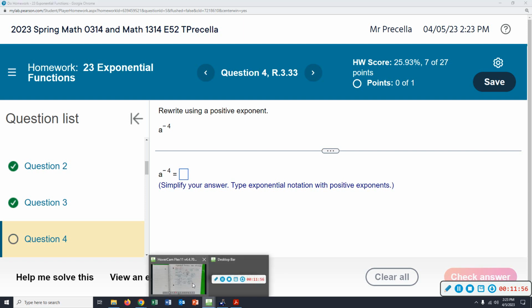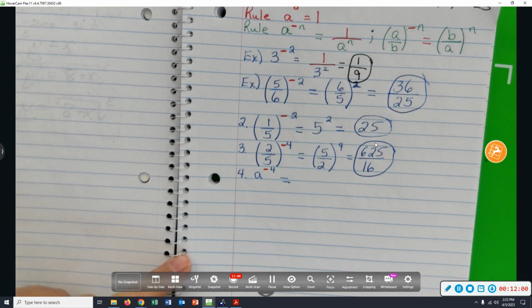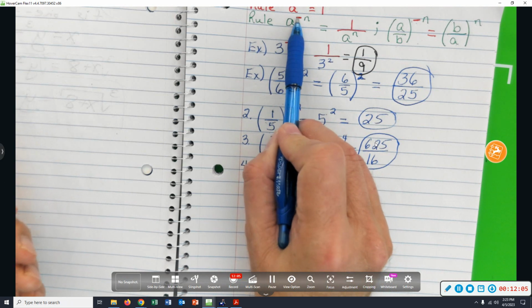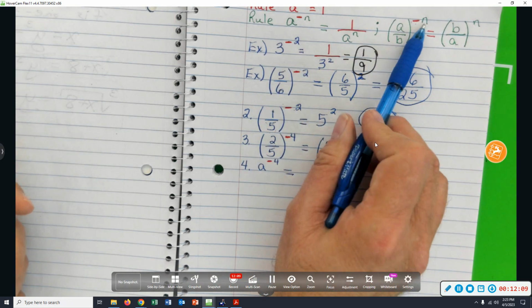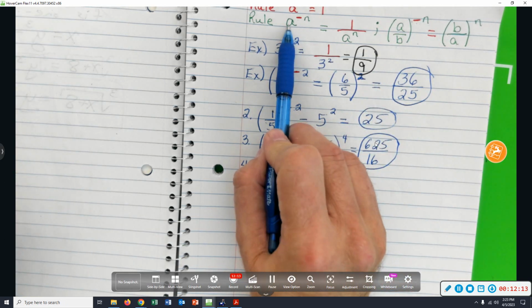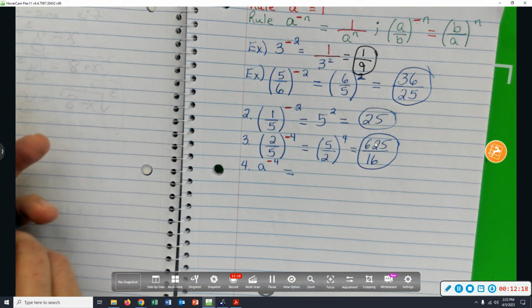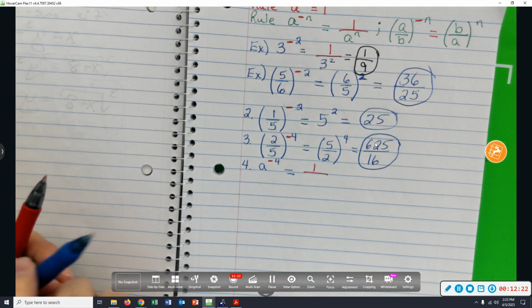So it would be 1 over a, whatever it is. Y'all hear that? It's this rule right here. A to the negative n. If it's a fraction to a negative power, you flip it. But if it's just a number, not a fraction, then that negative means 1 over. So it would just be a 1 over a to the 4th.